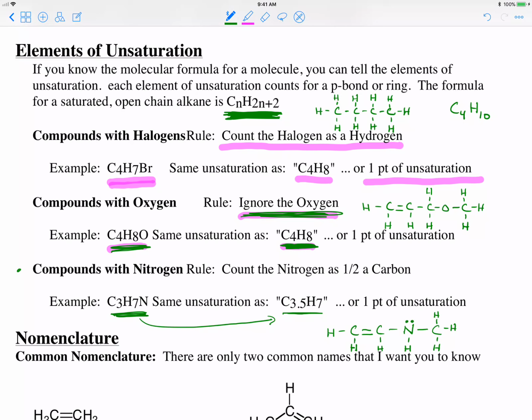If you have a halogen, then you take the halogen off and add another hydrogen in its place, and for the purposes of the formula, this is what you would use for figuring out points of unsaturation. If you have an oxygen, ignore it. And if you have a nitrogen, count it as half of a carbon. And then you still do your same formula for points of unsaturation. And that will tell you how many pi bonds or rings to expect in your molecule.